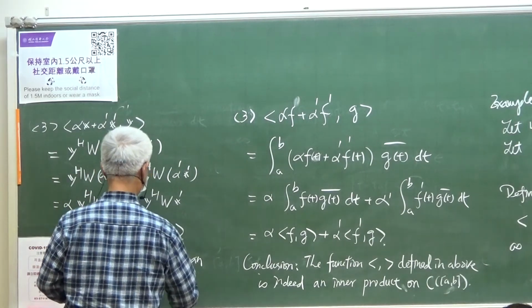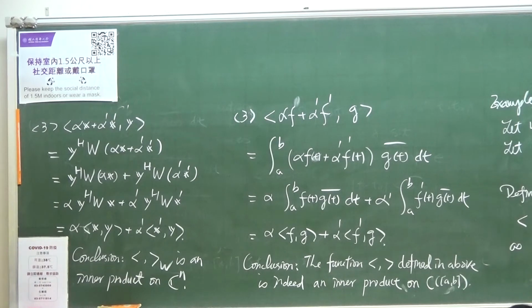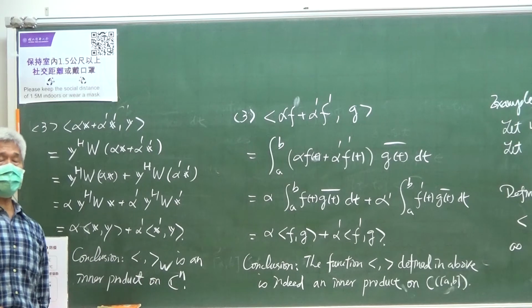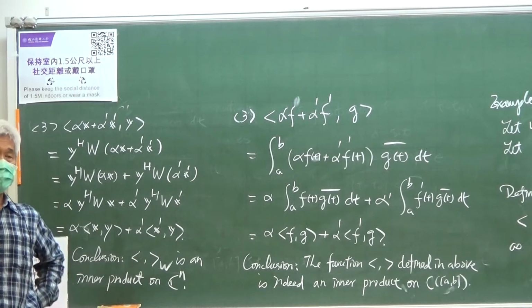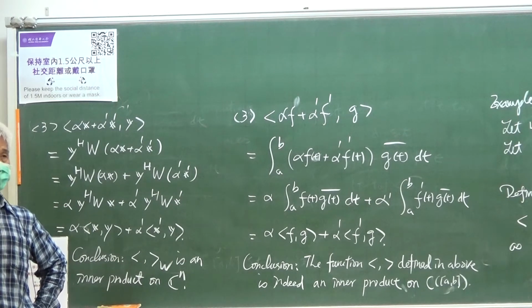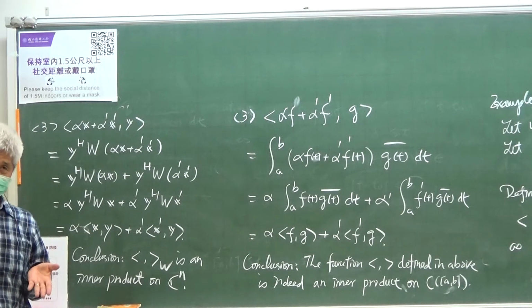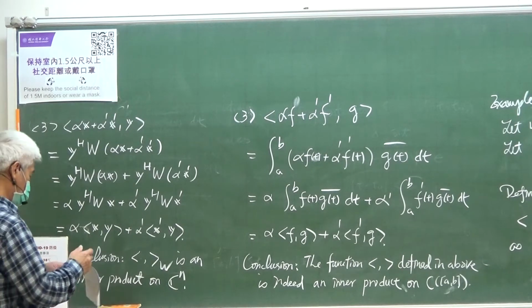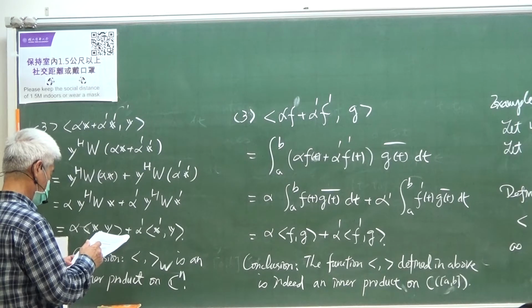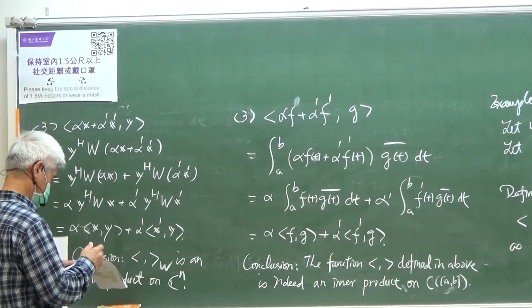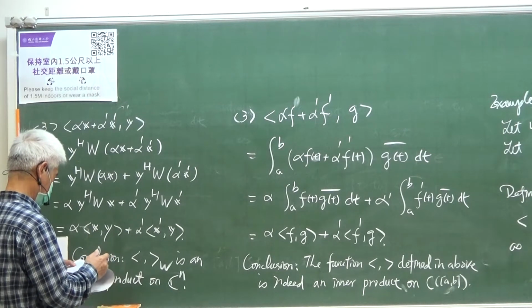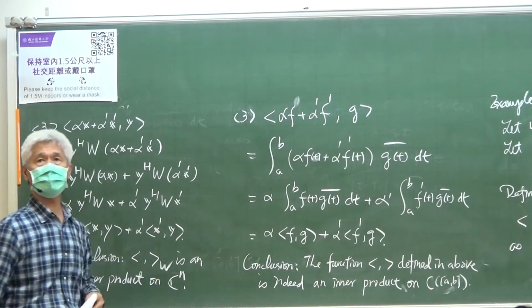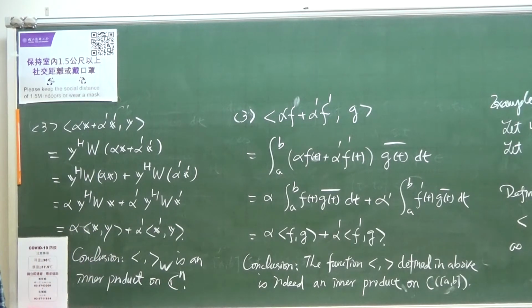So you can see that we can construct infinitely many inner products on the set of all complex n-dimensional column vectors, and the standard inner product is just one of them. So there are a lot of inner products we can have. Any questions on these two examples?